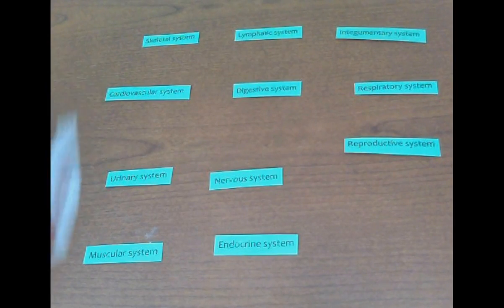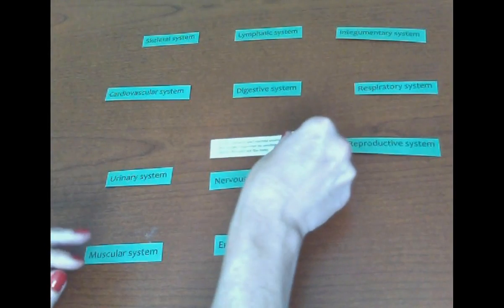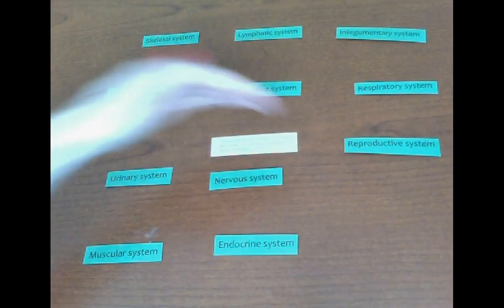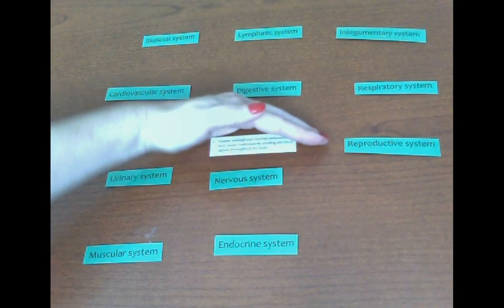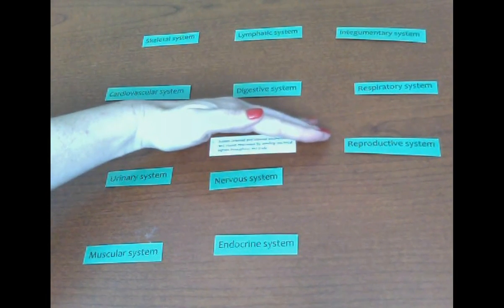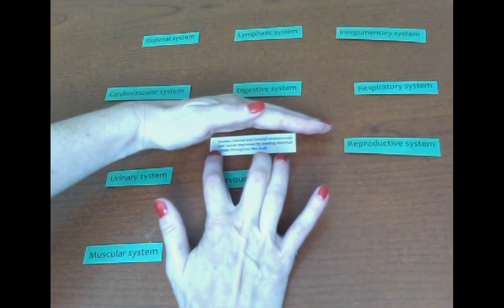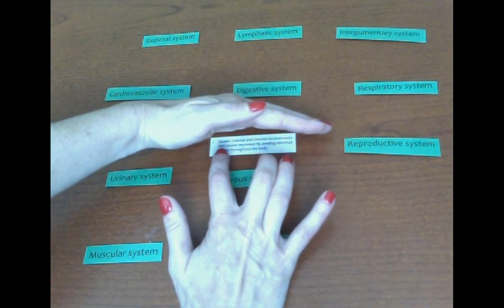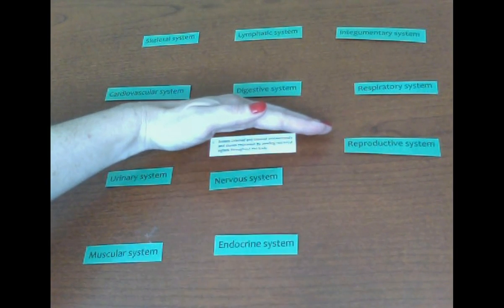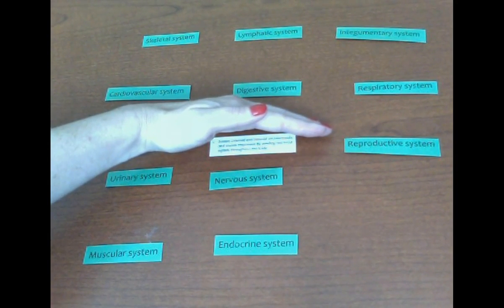Okay, so one thing you're going to find on these, and they've got little bullet points by them, and so they're going to be little sheets of paper here, and this one says it senses the external and internal environments and causes responses by sending electrical signals throughout the body.